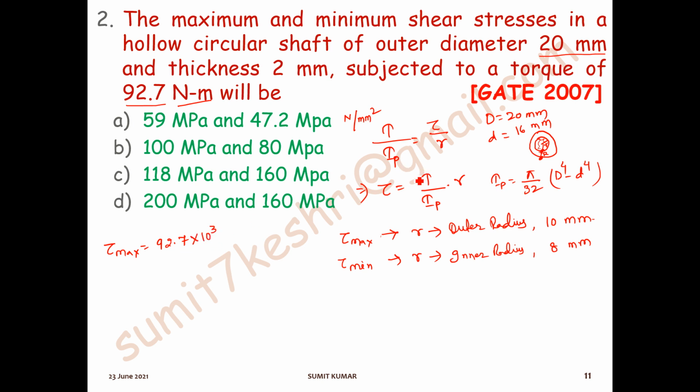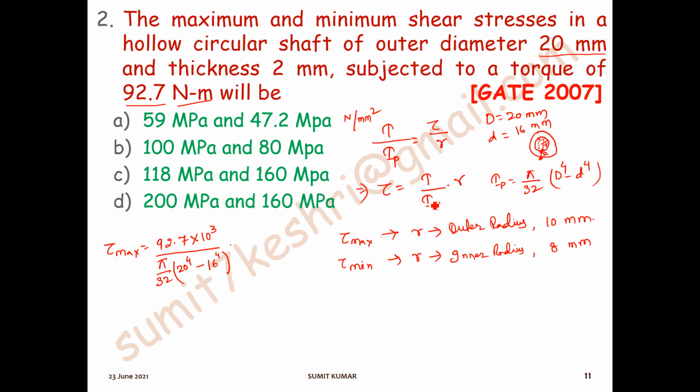So this was torque. Now divide by IP. IP is what? Pi by 32 into capital D to the power 4 minus inner diameter to the power 4, that is 20 to the power 4 minus 16 to the power 4. So this was about IP. And for tau max, where will be tau max?